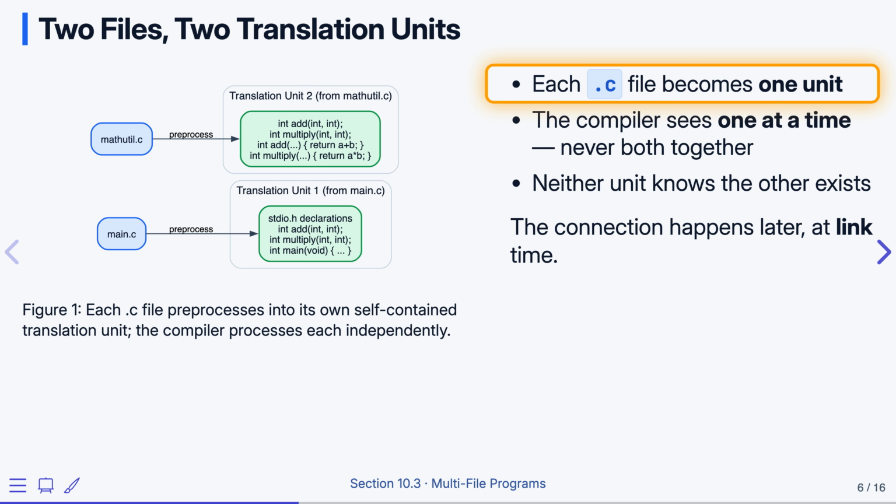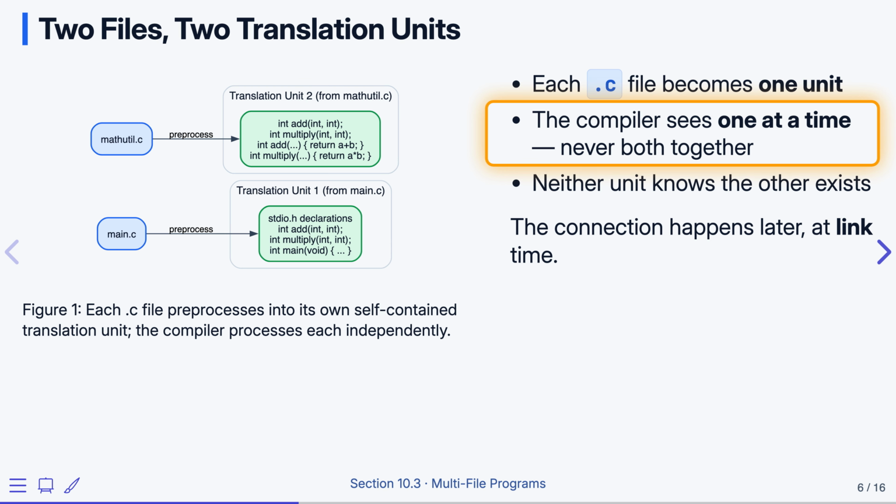Each .c file becomes exactly one translation unit. And the compiler sees one at a time, never both together. When compiling main.c, it cannot see math_util.c at all. It only knows add exists because the header gave it a declaration. The connection between the two units happens later at link time.